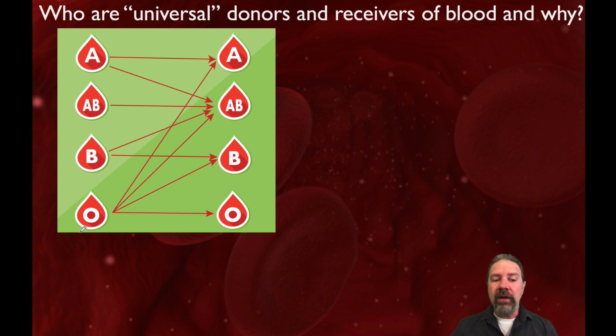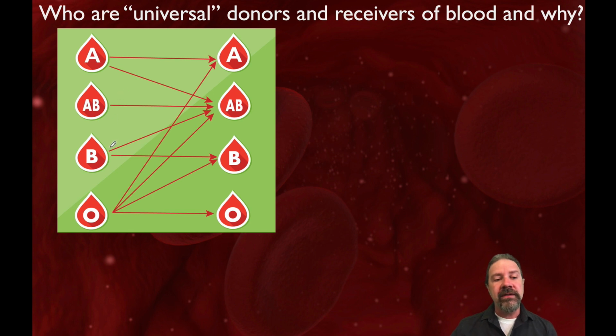With the O-blooded phenotype of the blood cell itself, it didn't have A or B antigens on the surface. The surface looked kind of clean in terms of the A and B antigen. So with that, there's nothing to react with the anti-B antibodies floating around in a person's blood. So it's perfectly okay to give O blood to an A-blooded person.